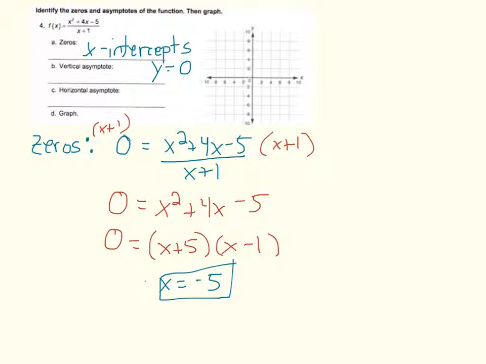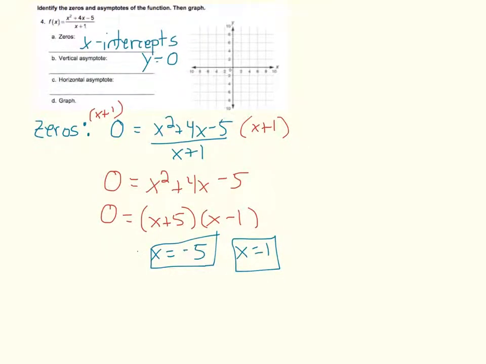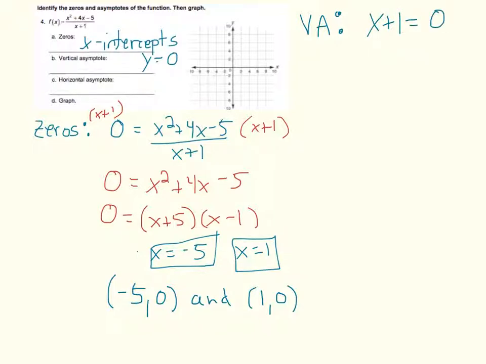And x equal 1 would give me 0, so those are my two zeros. You can write it like this, or you can also write your zeros as points. Either answer is okay. To find the vertical asymptote, again, you just want the values that will make the denominator 0. That will give you your undefined values. So the only place where I'm going to have a vertical asymptote is at x equals -1.